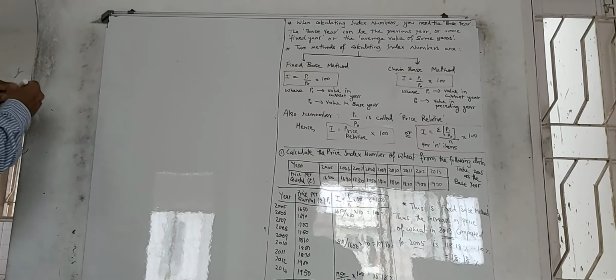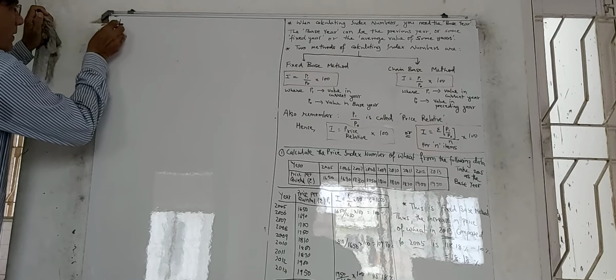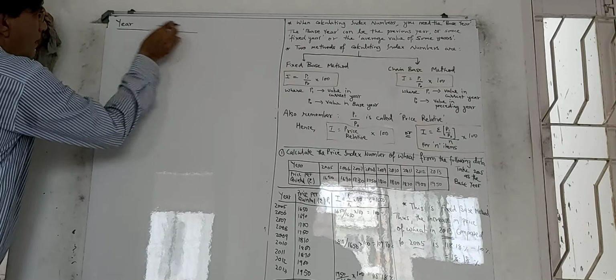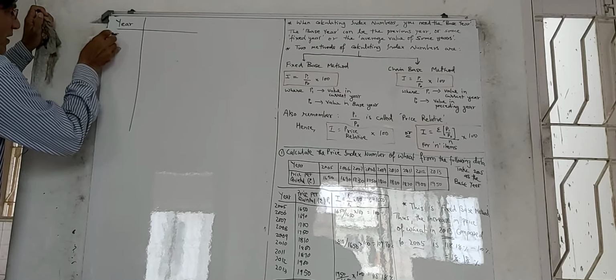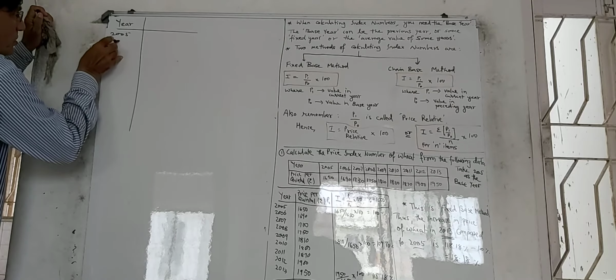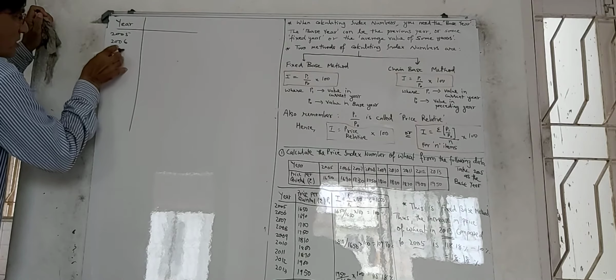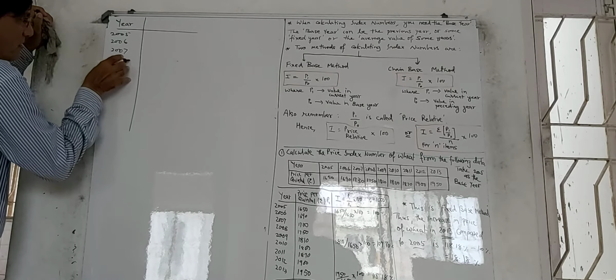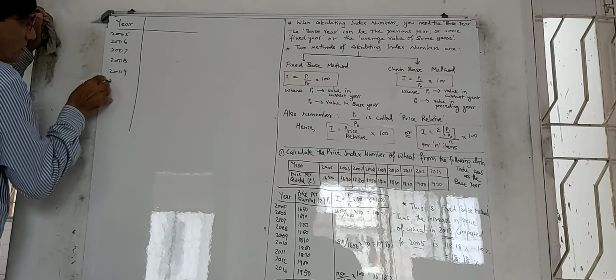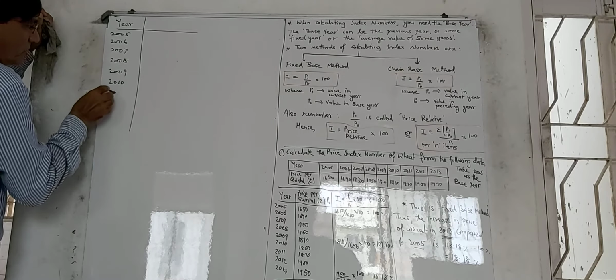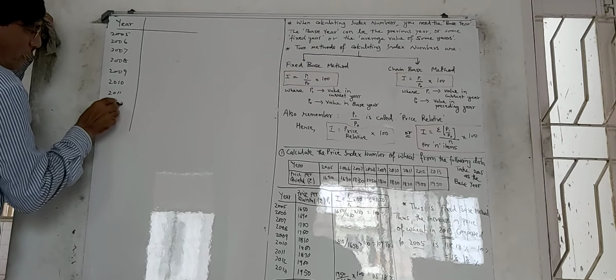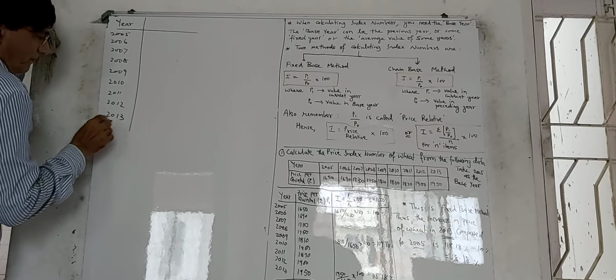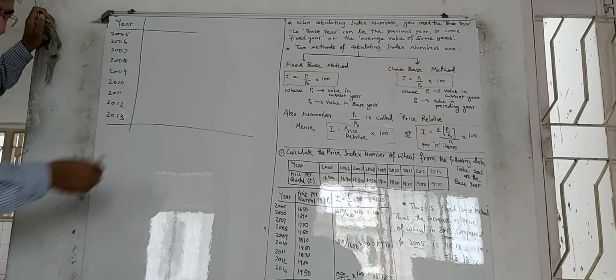We have here, from 2005, 2006, 2007, 2008, 2009, 2010, 2011, 2012, 2013, and price per quintal.